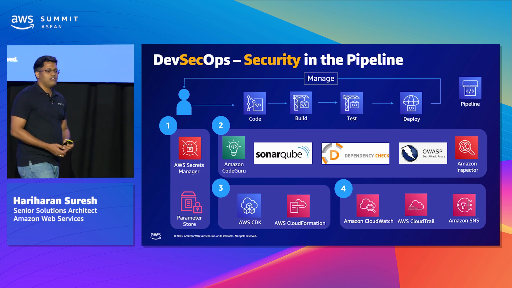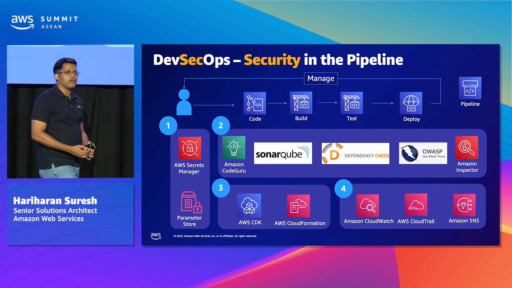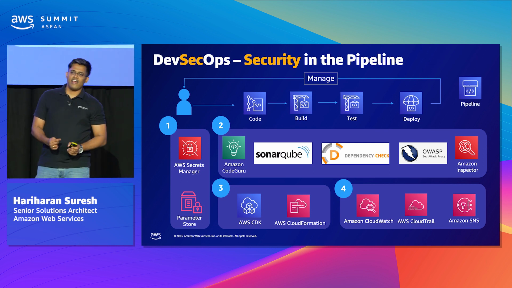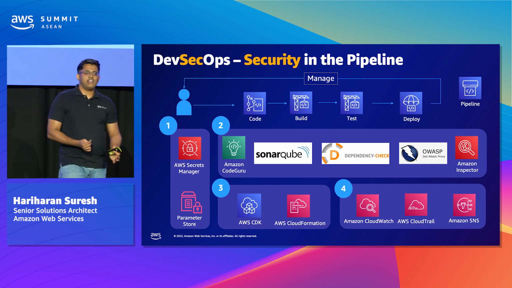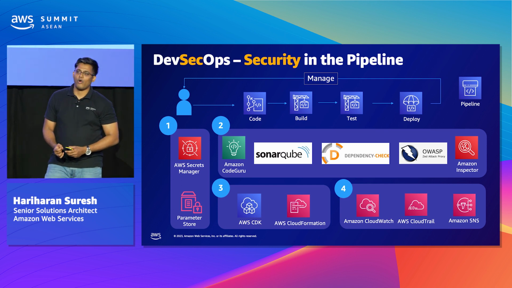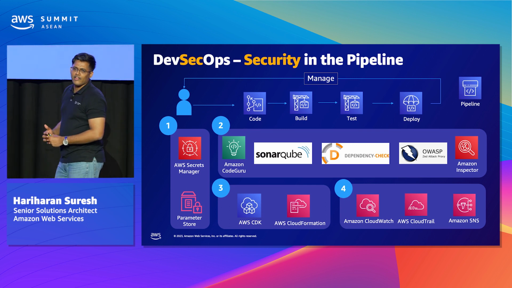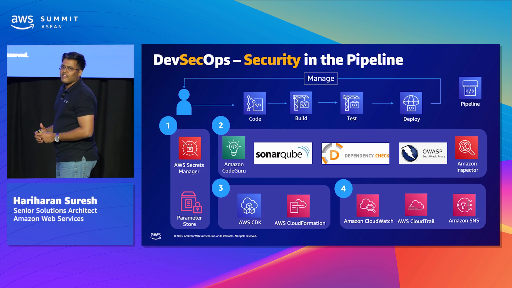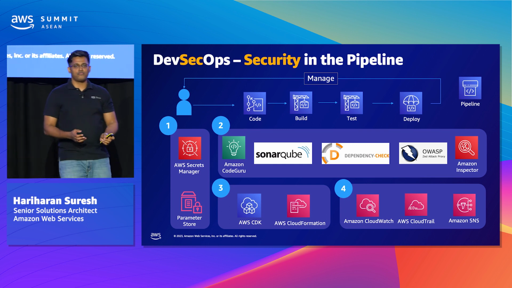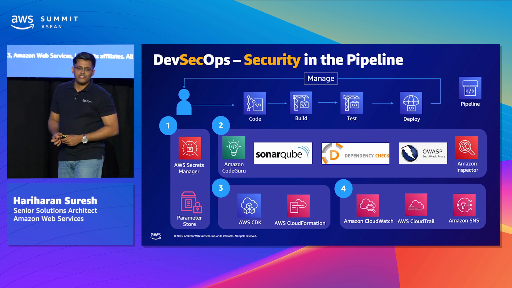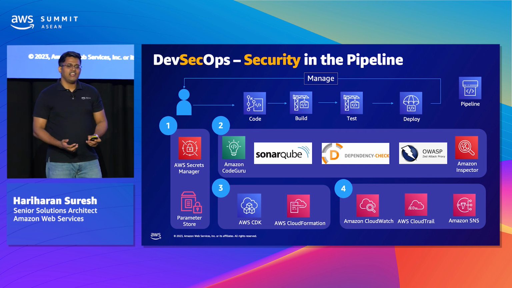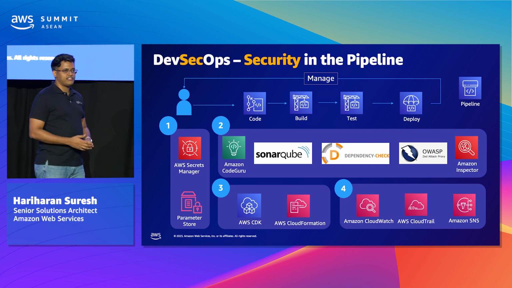We have spoken about multiple pieces of securing your DevSecOps pipelines. Finally, after the deployment is over, we need to have a proper observability chain to understand what's happening within your pipeline. The observability of the pipeline can be enabled with a group of tools. Amazon CloudWatch can help you with collecting and storing your application logs.